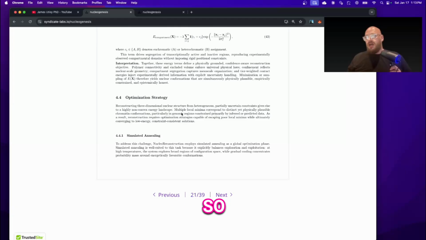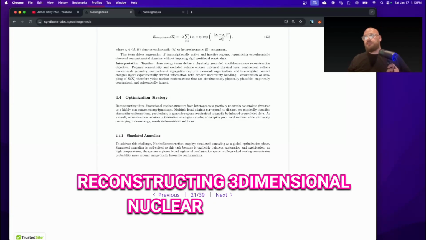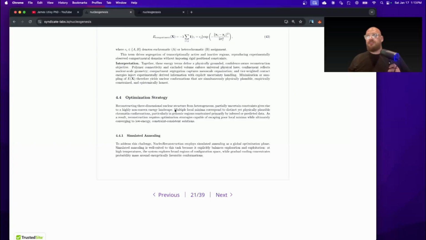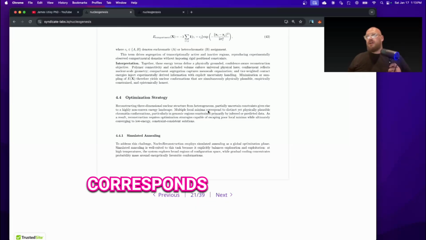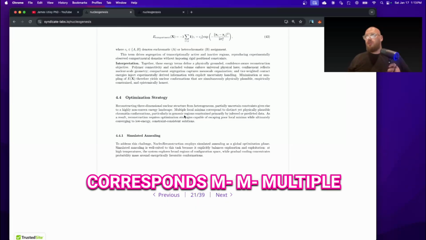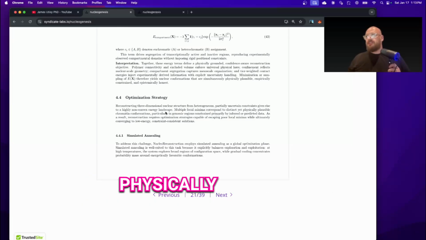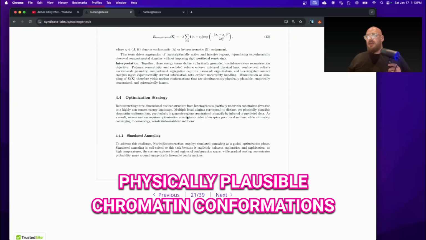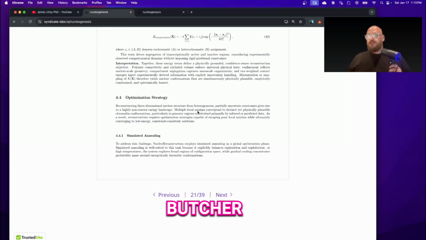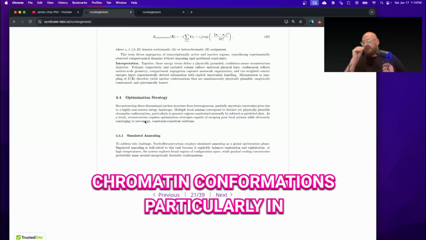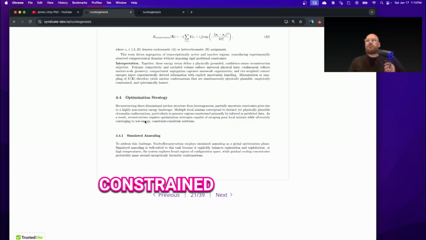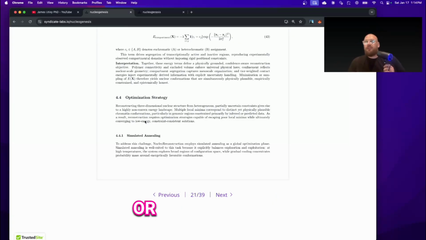So, right. So optimization strategy, right, is reconstructing three-dimensional nuclear structure from heterogeneous, partially uncertain constraints gives rise to this highly non-convex energy landscape. Multiple local minima correspond to distinct yet physically plausible chromatin conformations, particularly in genomic regions constrained primarily by inferred or predicted data.